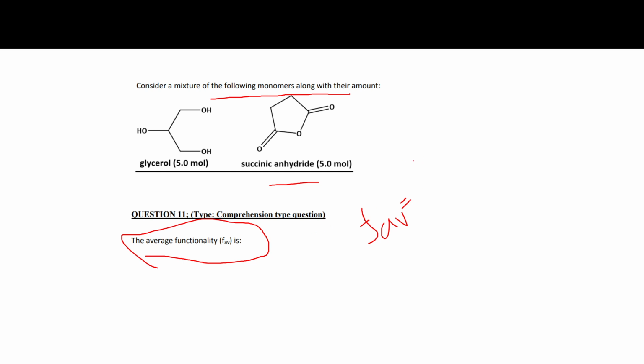The average functionality will be Fa into Na plus Fb into Nb, divided by the total number of moles, Na plus Nb.